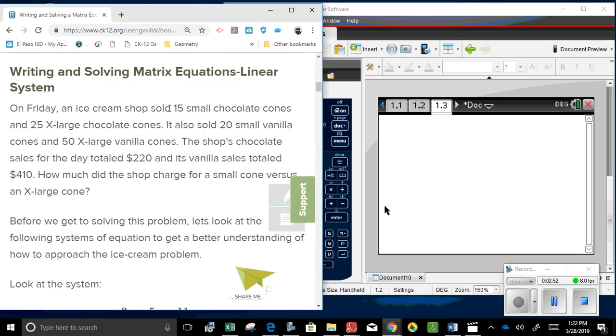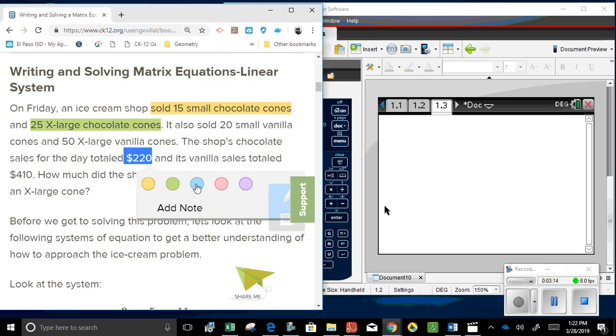The ice cream shop sold 15 small chocolate and 25 chocolate cones, and that cost that much money.